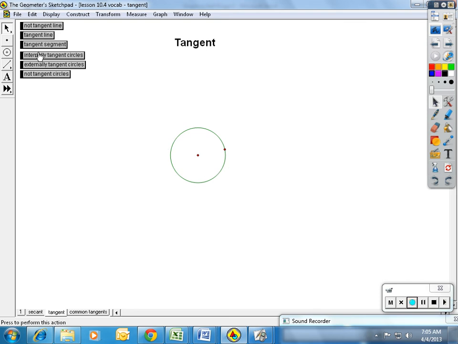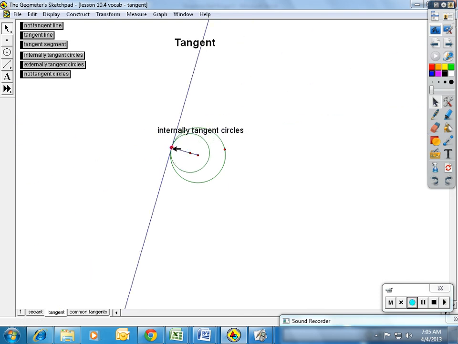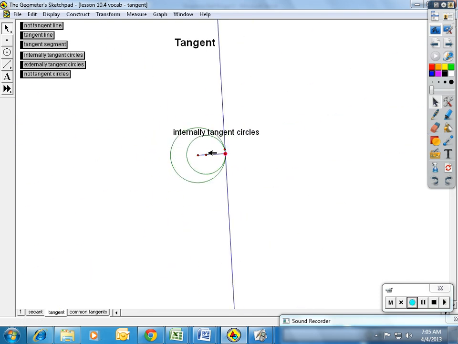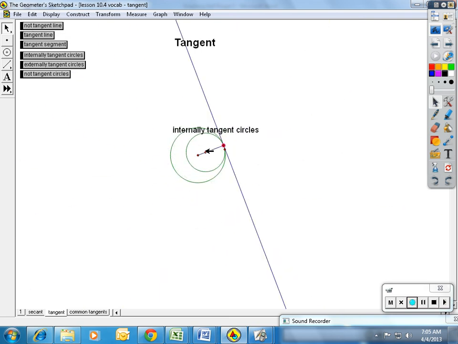Okay, we can have circles that are tangent. So these are internally tangent circles. So notice this circle, there's a circle inside, that's where internally comes from. And the circles only have one point in common.